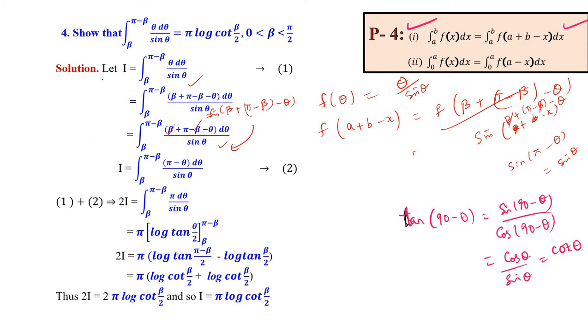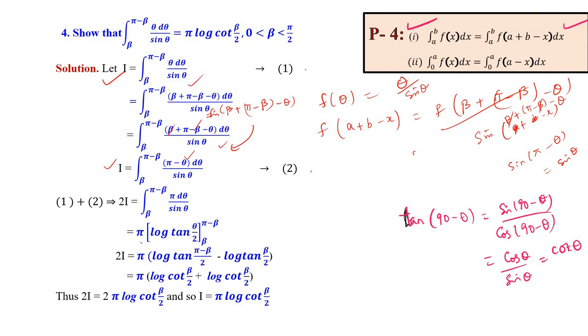So I is this, I is also this. If we name this as 1 and this as 2, adding the two we get 2I equals integral beta to pi minus beta. We are adding these two, so this part will go off. So we are left with pi d theta by sine theta.